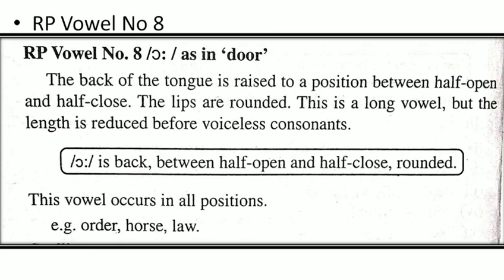This vowel occurs in all positions. In order it comes initially, in horse it is medial, in low it is final. Please find more words and transcribe them, initially, medially and finally, where this O comes in English vocabulary.